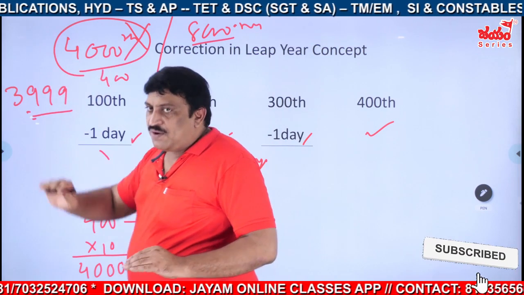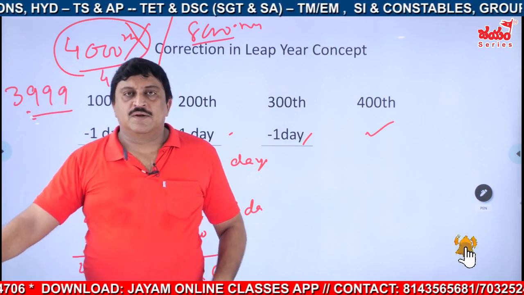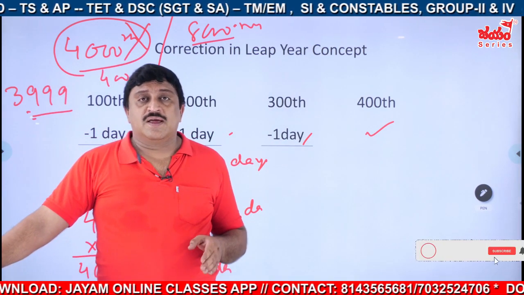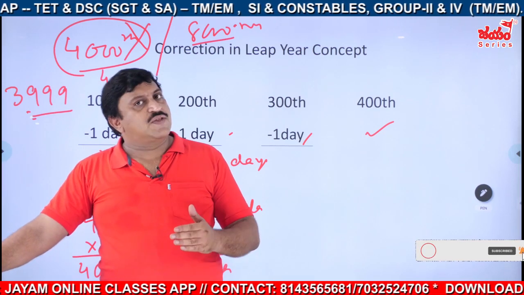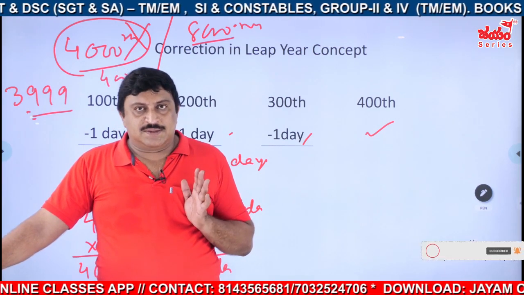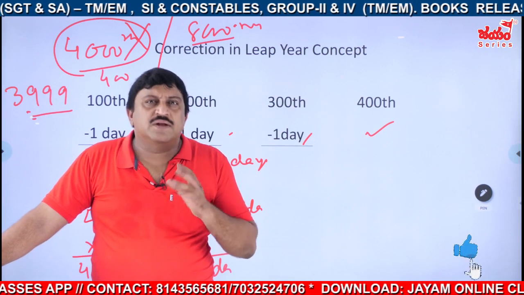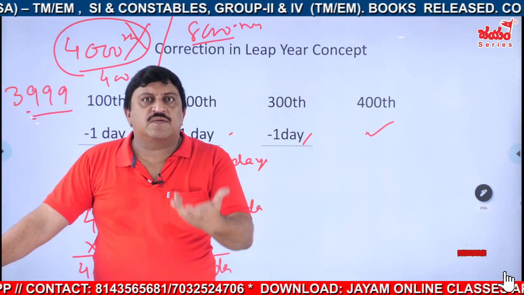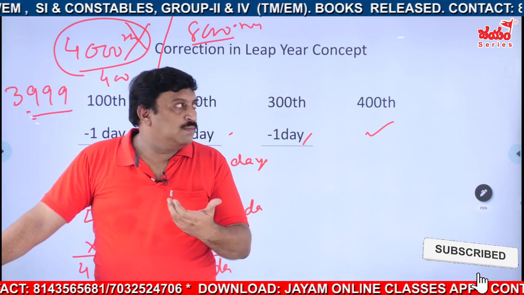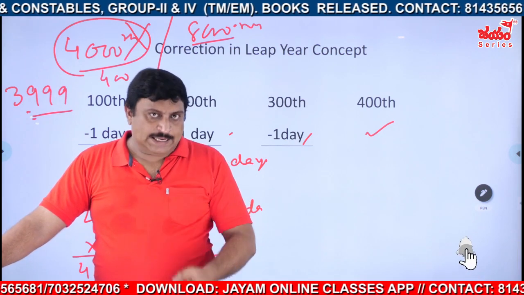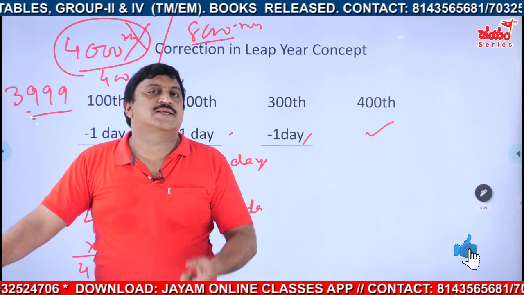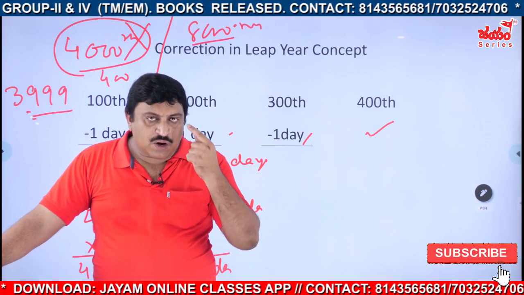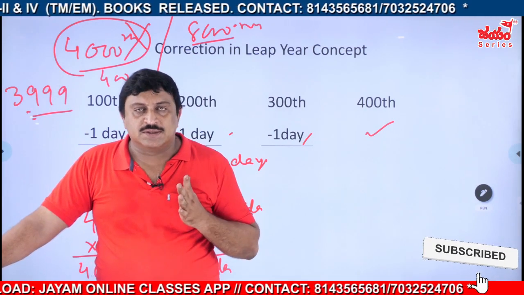So before 4,000, whichever are divisible by 400 are leap years. The rest of them are normal years. Understood? Once you learn these basics of the background of the correction of the calendar, that is the Gregorian calendar, you are in a position to do any of the questions.